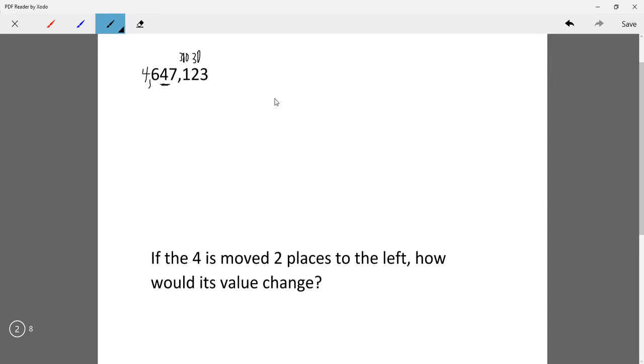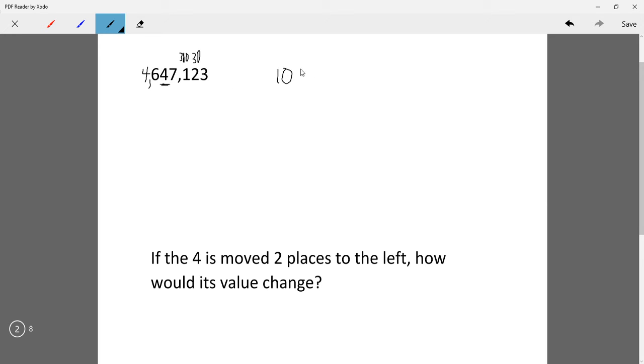And if we move 2 spaces, we're basically putting a 1 here, okay, for the 4, right? If the 4 stays in the same place, it's worth 1 times as much as the 4, because it doesn't change its value. And then for each spot we move it to the left, we add a 0.